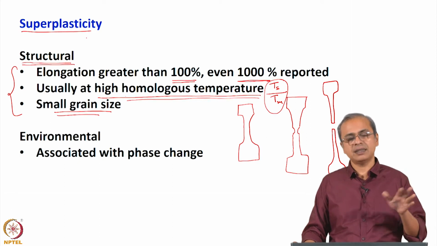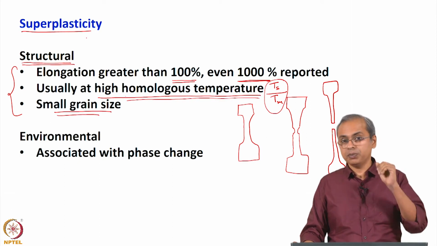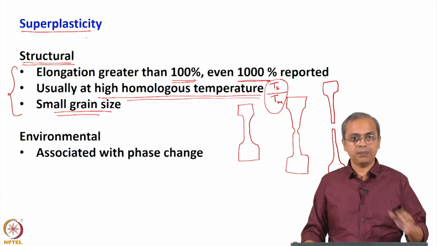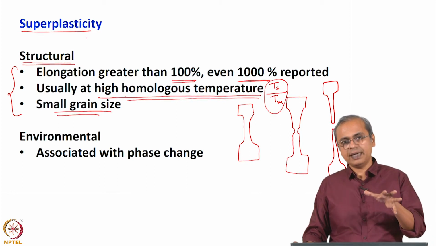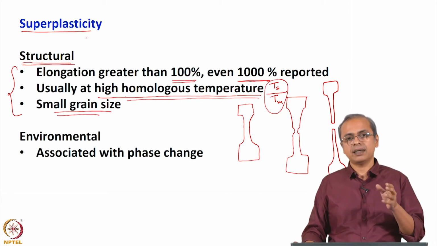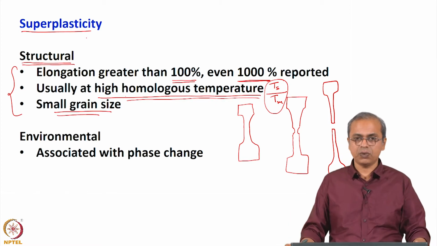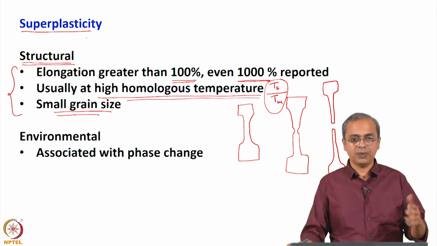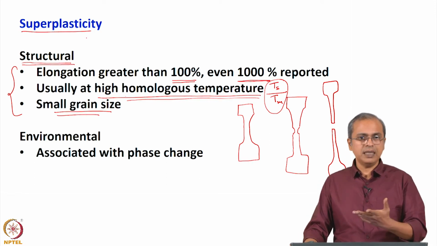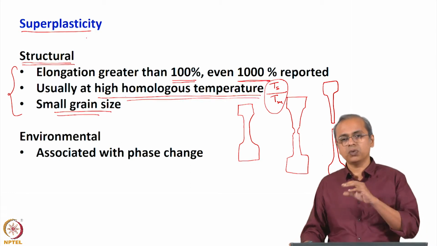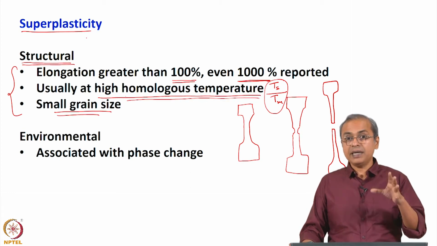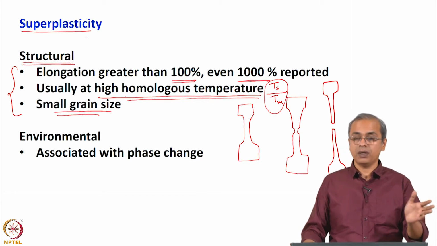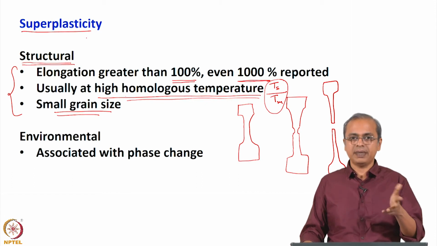Presumably that phase change results in significant anisotropy in the properties of that material, and you utilize this anisotropy by increasing deformation in one direction relative to another, and in that process you see long elongations before failure. So, it seems to convey the kind of behavior that you associate with superplasticity. That is one way in which you can accomplish this near superplastic behavior.